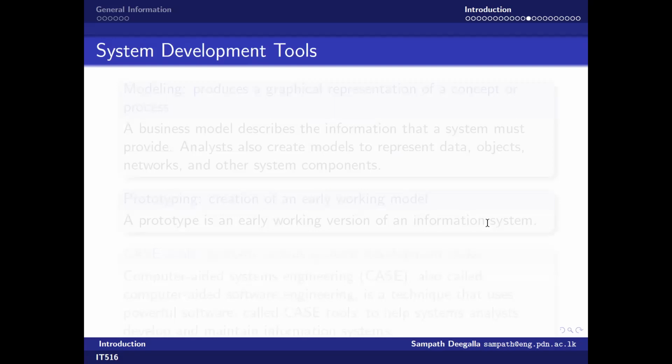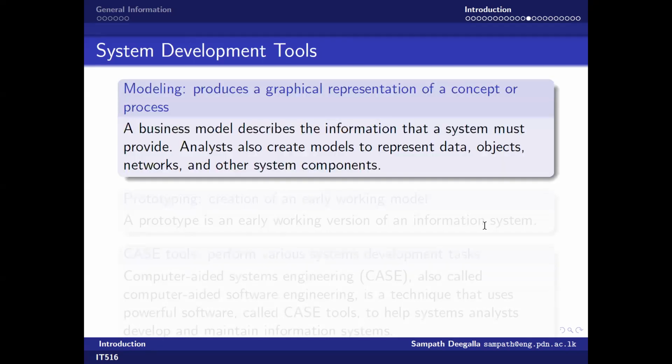Now let's look at some system development tools. First of all, modeling, right? As you can see earlier, business processes can be modeled using business process modeling. Basically, it will produce a graphical representation.